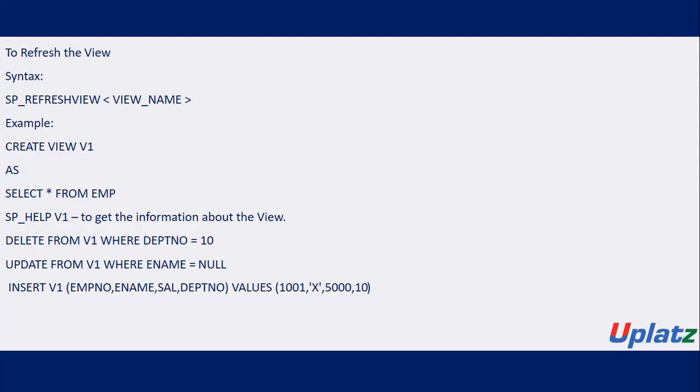Here we are demonstrating how to insert a record with the help of a view. By taking the help of the view v1, we are inserting records into the table employee. Like this, we are performing different operations on the base table by using the view created on it. Here the base table is employee, that is emp, and the view name is v1.